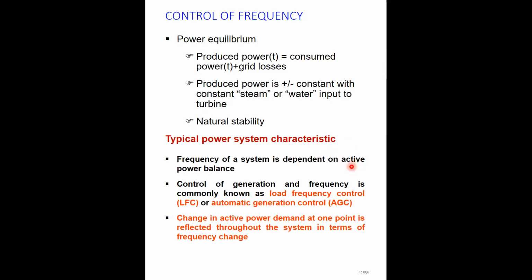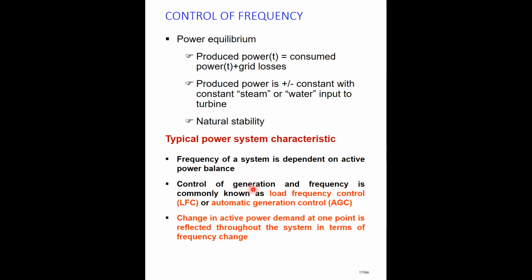So if there is a mismatch between your generation and the consumption, definitely that will be translated in terms of some amount of frequency deviation. Any imbalance between your generation and the demand is reflected in terms of frequency deviation.